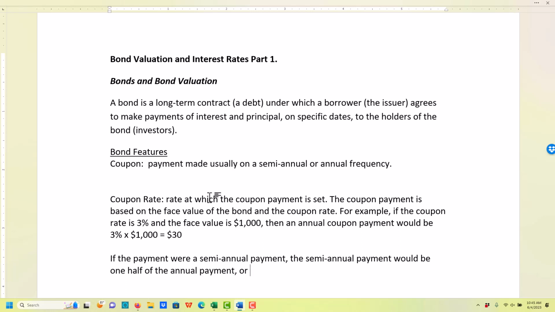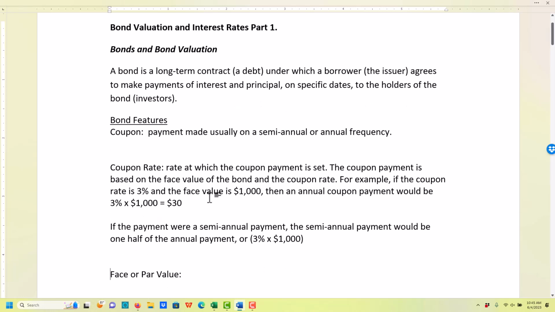Or the 3% multiplied by 1,000, and then we would take that and we divide it by 2 for 2 payments per year. So you'd have 2 $15 payments per year rather than 1 $30 payment.